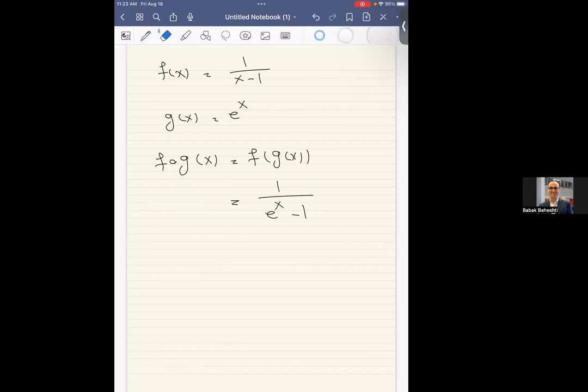This is f of e to the power x, which is 1 over e to the power x minus 1. So once you write FOG, you can see clearly from this equation that the only restriction on the FOG function is that e to the x cannot be 1. That means x cannot be 0.